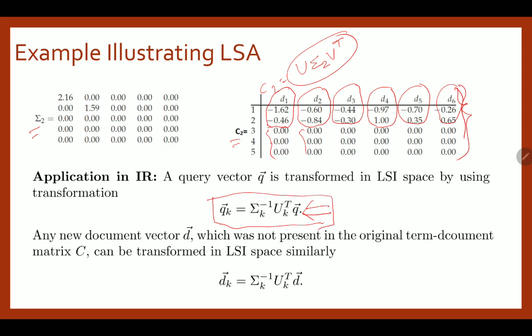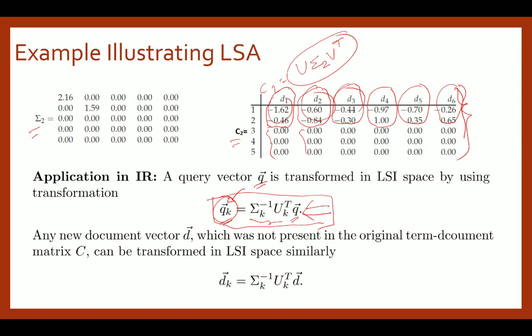This query vector Q is represented in the transformed space by multiplying Q with these vectors. That gives rise to the query vector in the transformed space, and then you can compare this query with this document or this document or this document. Each of these documents you can now directly compare.